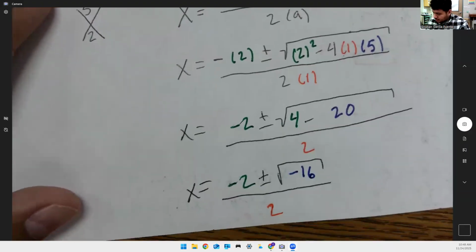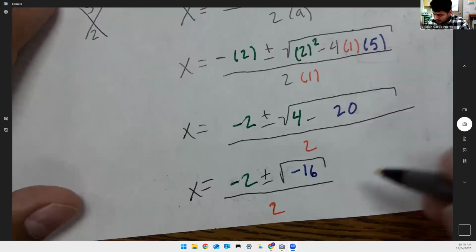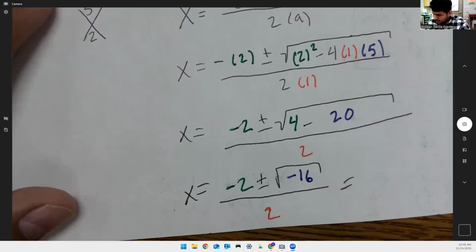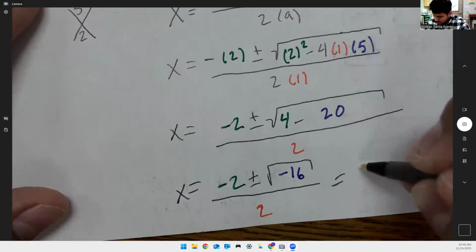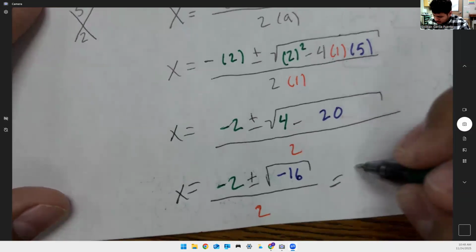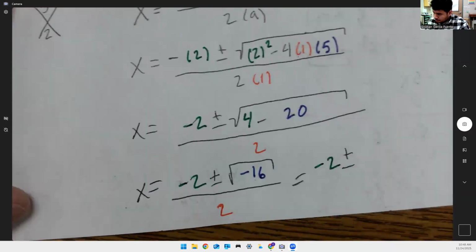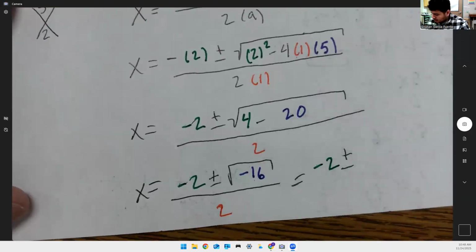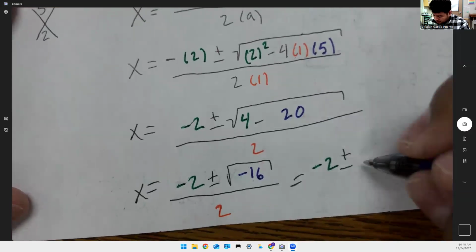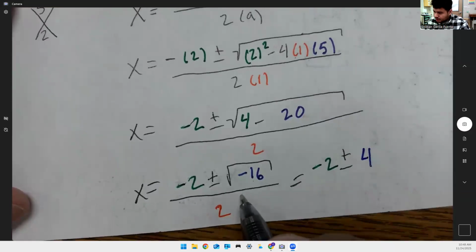Again, you could simplify a little bit further because we don't want this negative 16 to stay as a negative 16. We want this to be positive. So this will just be negative 2 plus or minus, what's the square root of 16? That is just 4. And then how do we get rid of this negative inside?